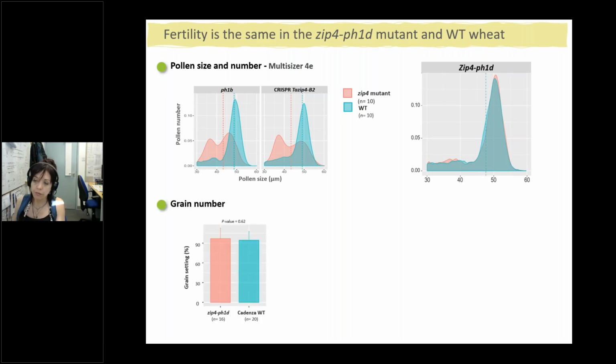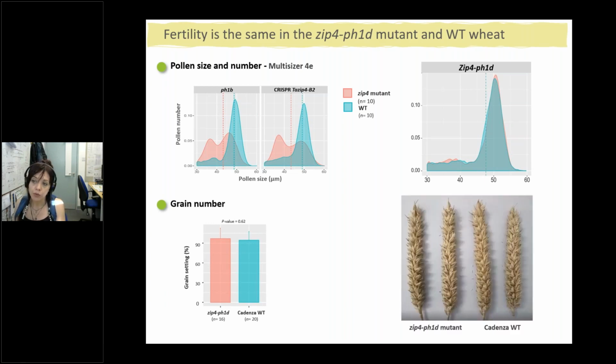And as you can imagine, with this pollen profile, grain setting is not reduced at all in the ZIP4 Ph1 mutant, something we already expected since, as you can see in this picture, the spikes and filling of the spikes look exactly the same in the Ph1 mutant and the wild type.